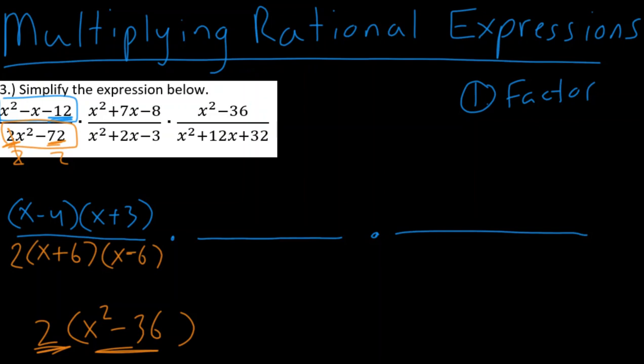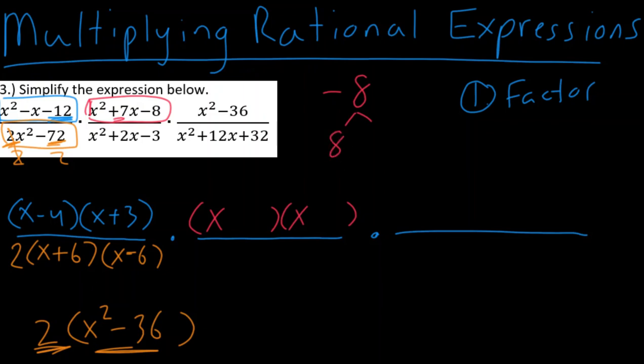Okay, let's move on to a different color. In this nice little red, we have x squared plus 7x minus 8. Since there's a coefficient of 1, we can split it up into x and x. We're looking for two numbers that multiply to be negative 8, but add up to be a positive 7.